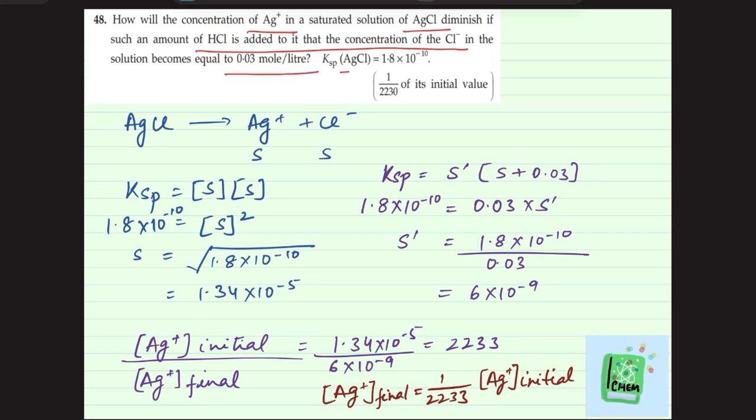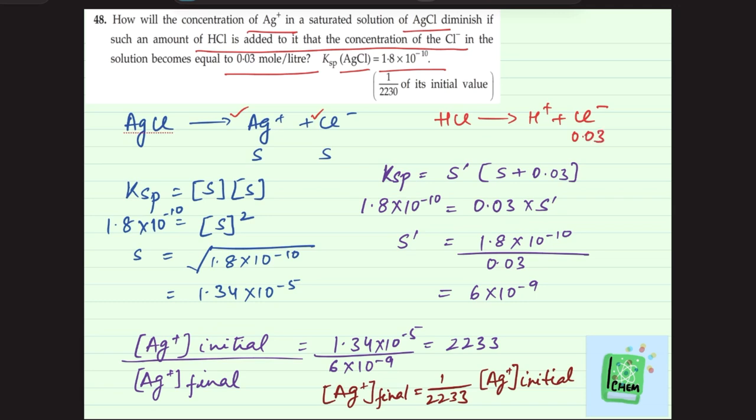Solubility product of AgCl is given as 1.8 into 10 to the power minus 10. Initially there was only AgCl which dissociated into Ag plus and Cl minus ion. Later on when HCl was added, then HCl dissociated into H plus and Cl minus ion and the concentration of Cl minus ion was 0.03 moles per liter.